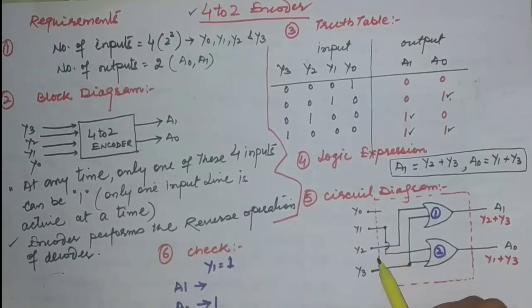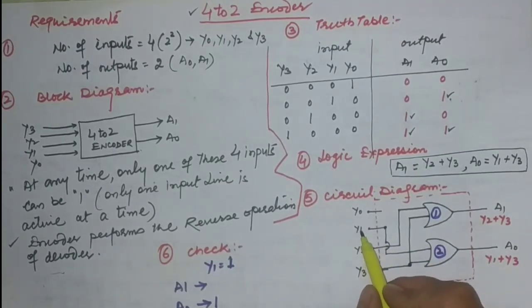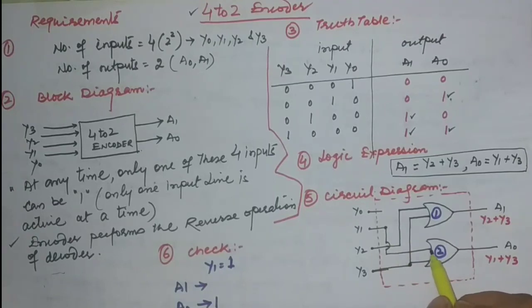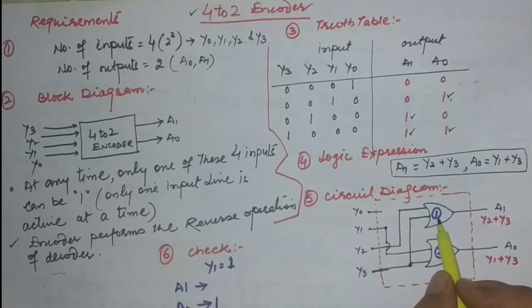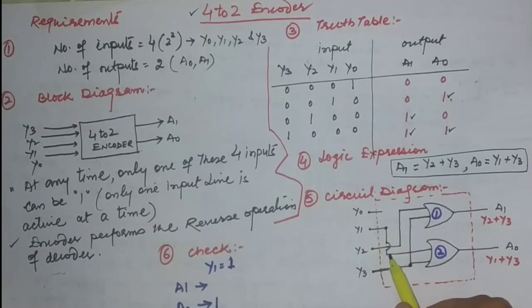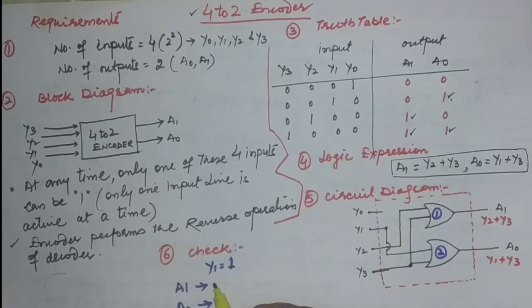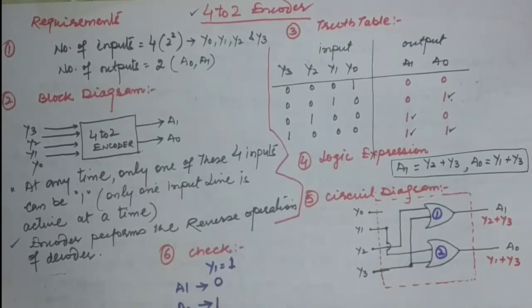And because there is no connection from y1 to the gate for A1, the output A1 is equal to 0.